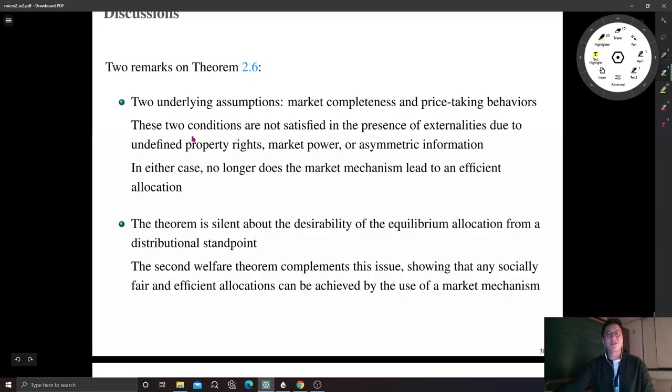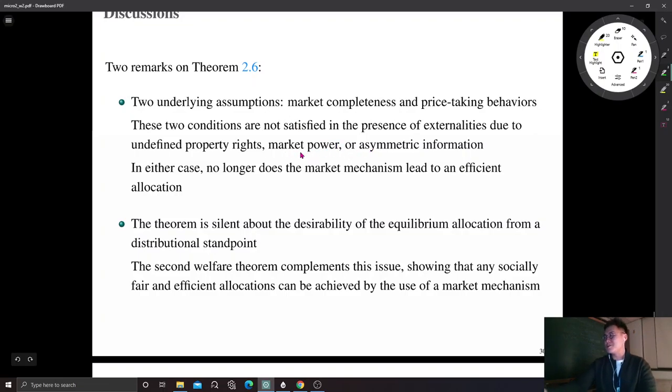But once again, these two conditions are not satisfied in the presence of externalities due to undefined property rights. And if some firms have market power, or for some commodity there is one single consumer, that is a monopsony. I'm a little confused with the terminology now.